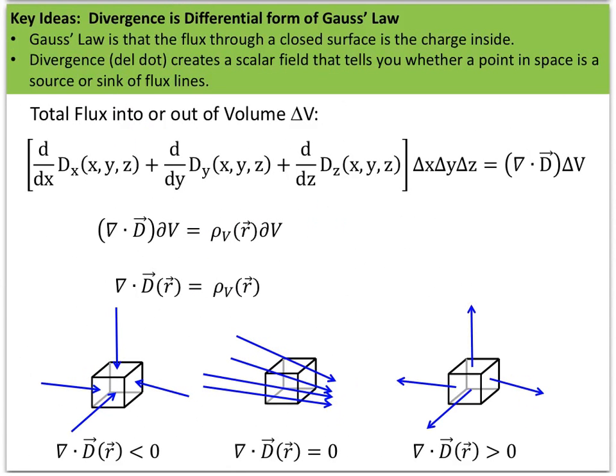It turns out that the vector differential operation called divergence is a differential form of Gauss's law. The divergence, written as del dot a vector, creates a scalar field. So a divergence turns a vector field into a scalar field. And the value of that scalar tells you whether a point in space is either a source or a sink of flux lines. And this is the expression to calculate divergence right here.